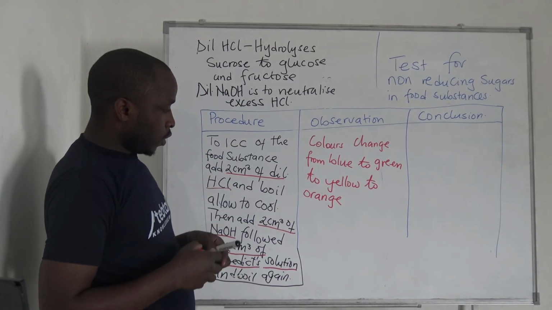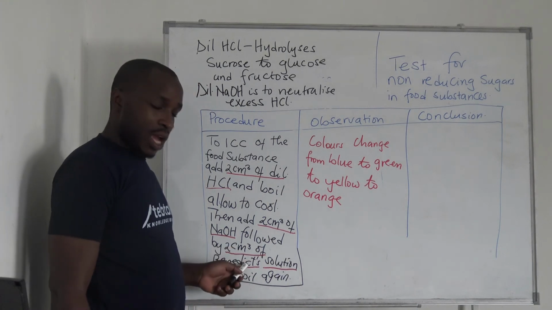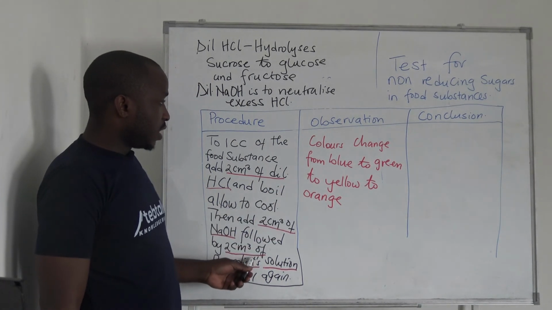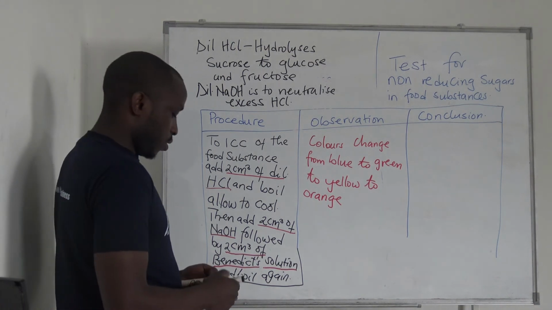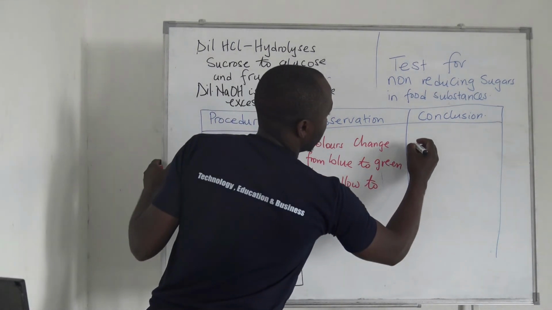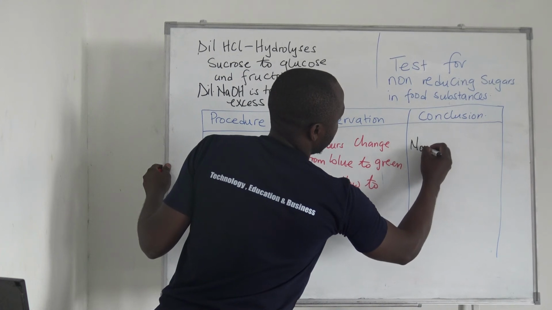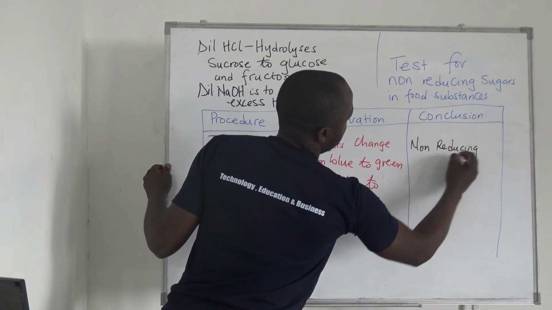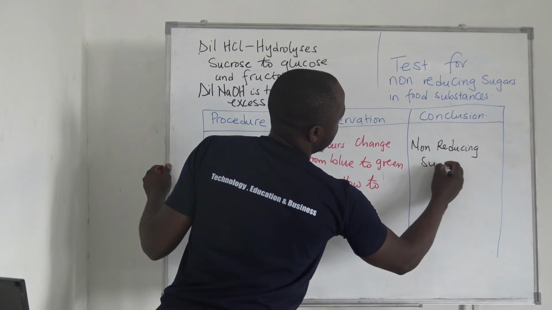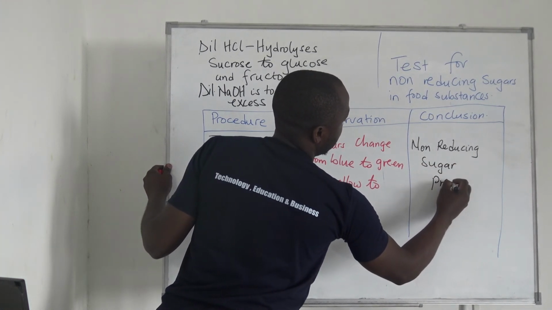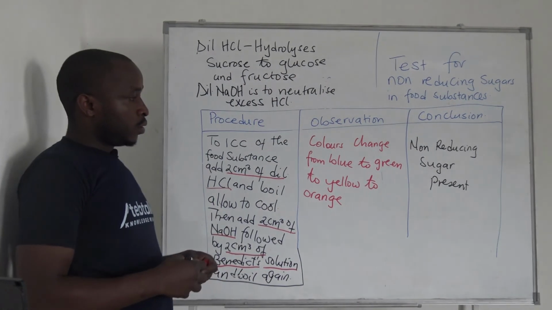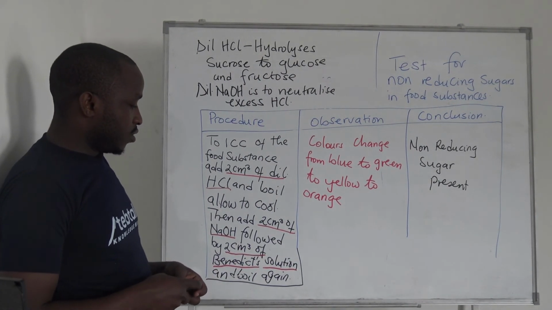So meaning we shall have created reducing sugars which can now be tested using Benedict's solution. Of course, we shall conclude and say non-reducing sugars present. So that is our test for non-reducing sugars.